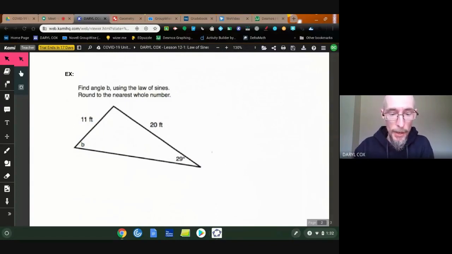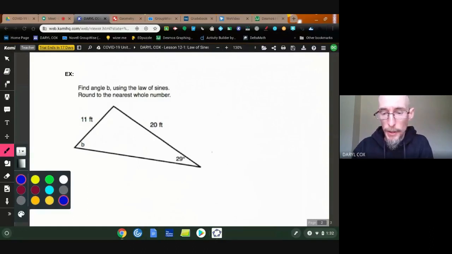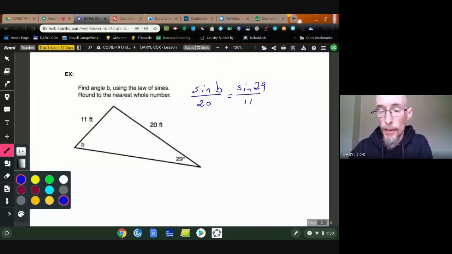Okay, so when I set my equation up, I'm going to do the sine of angle B over 20 equals the sine of 29 degrees over 11. Okay, simple as that. Now I can cross multiply. 11 sine of B equals 20 sine of 29.